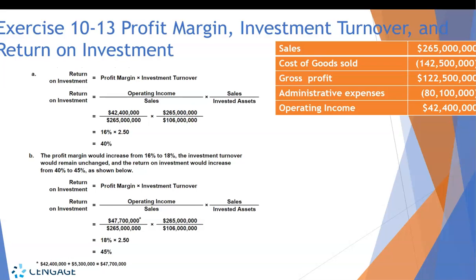So now that will be $47,700,000. Divide that by our sales. Instead of the profit margin being 16%, this increases it to 18%, which would then change our return on investment to 45%. So we're gaining an additional 5%.